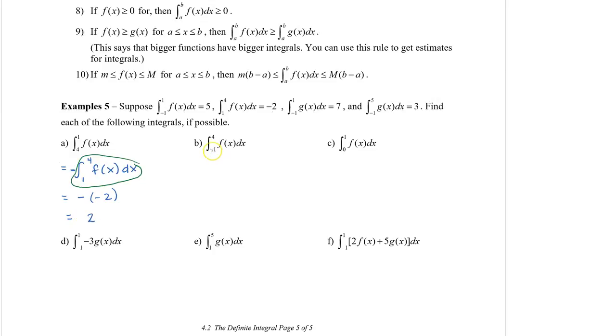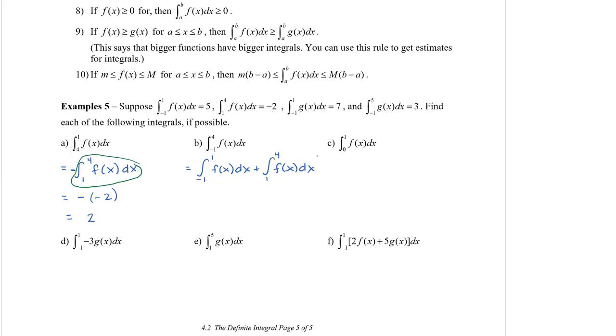All right, the next one here, I have to find the integral of f of x from -1 to +4. Now, I don't have anything like that, but I do have these two f of x's, and I have the integral from -1 to 1, and then from 1 to 4. So I'm going to rewrite this first as the integral of f of x dx from -1 to 1, and then plus the integral from 1 to 4 of f of x dx.